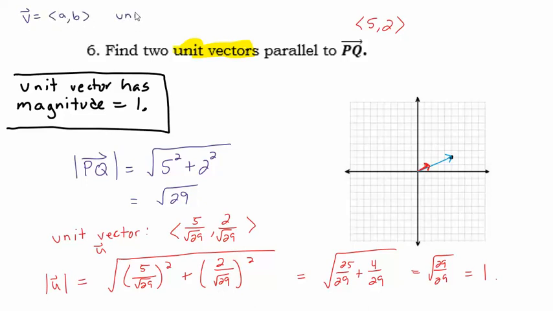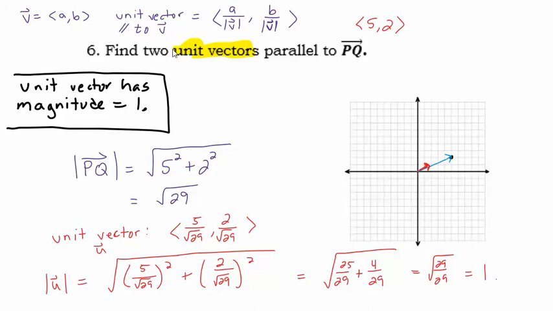Then the unit vector parallel to v would have the components a divided by the magnitude of v, comma, b divided by the magnitude of v. That would be the components of the unit vector in the same direction as v.